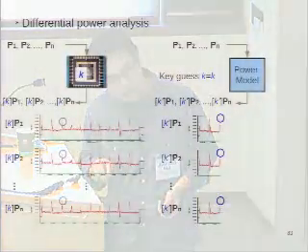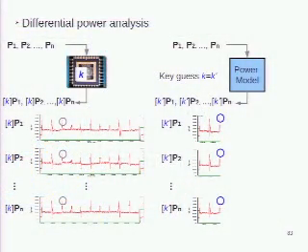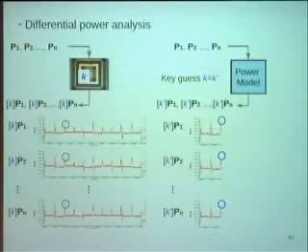Now, let's assume that this part is the end of the second k bit. Then you check this vector and this thing. If your guess is correct, then they are highly correlated.